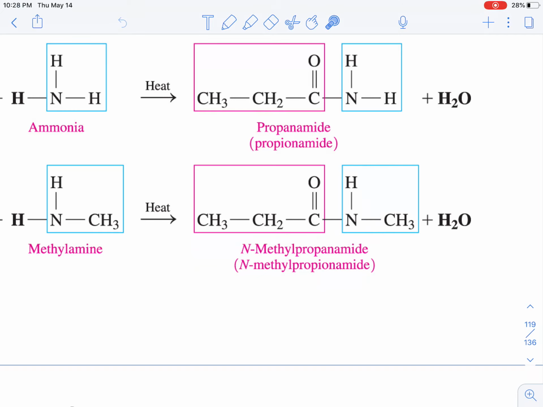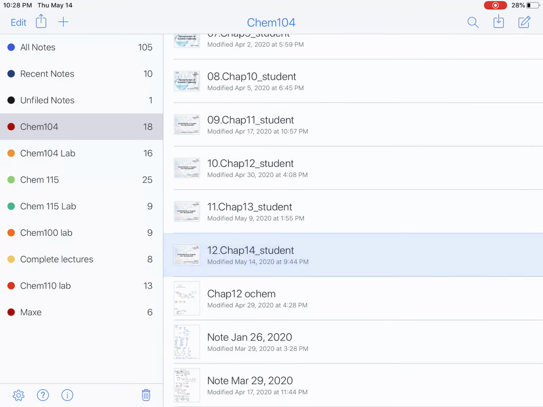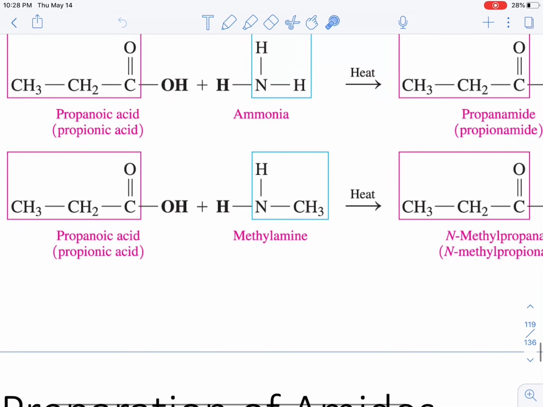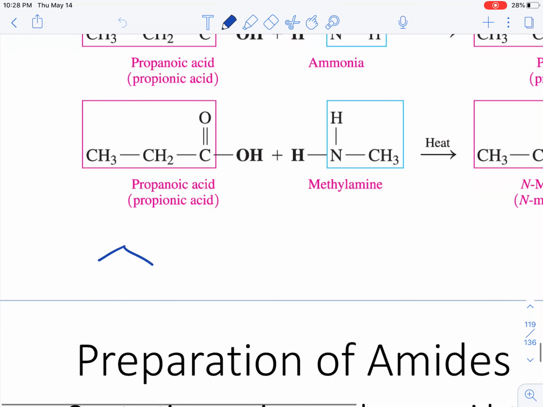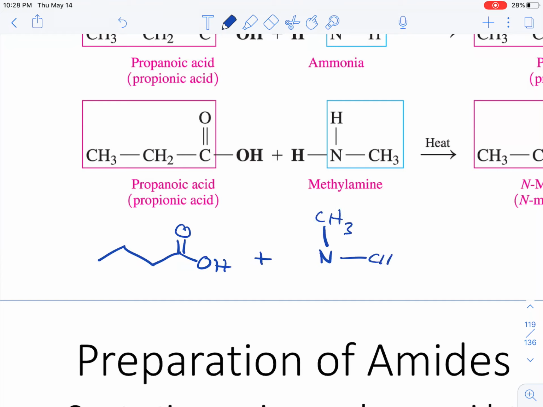And so here, if we have, for example, another carboxylic acid and a secondary amine, we'll just keep it as methyls. So this is a secondary amine.